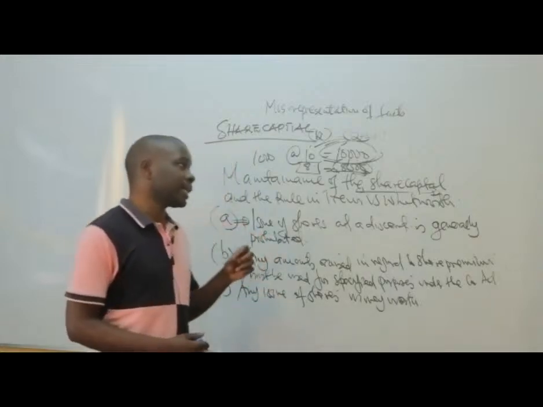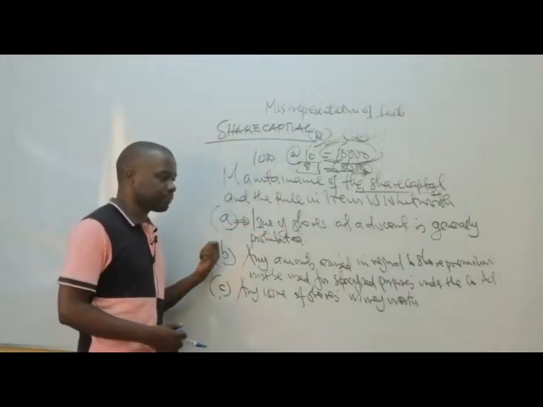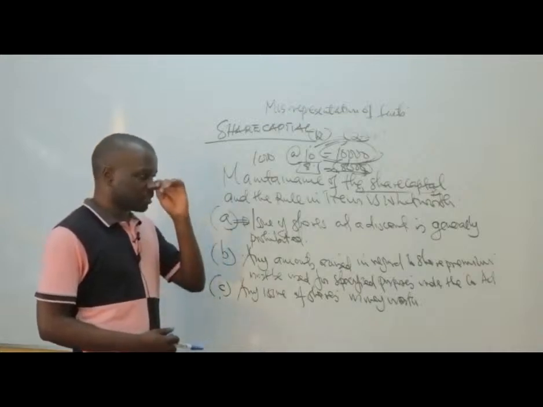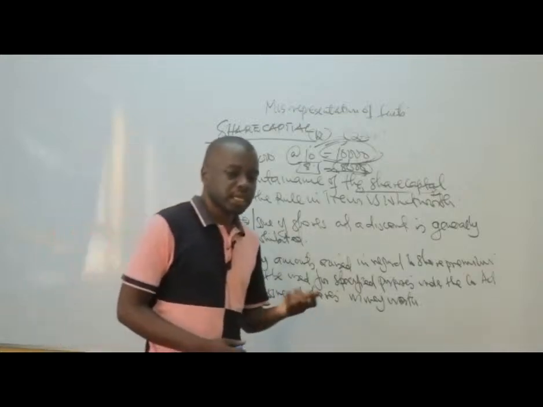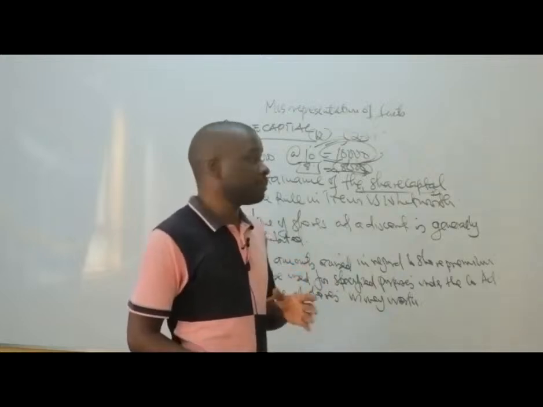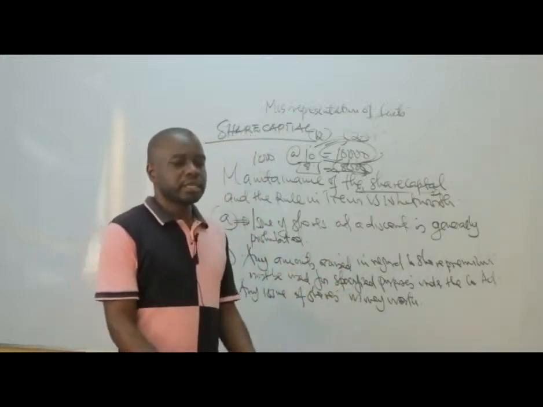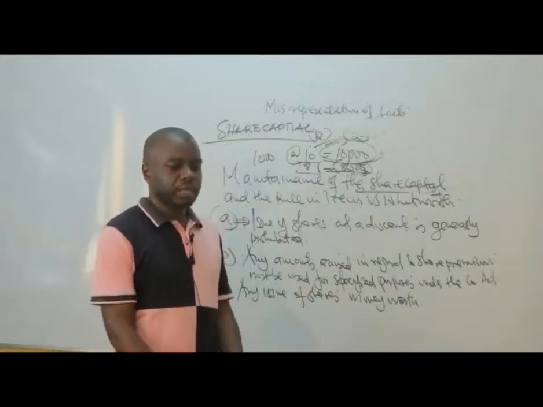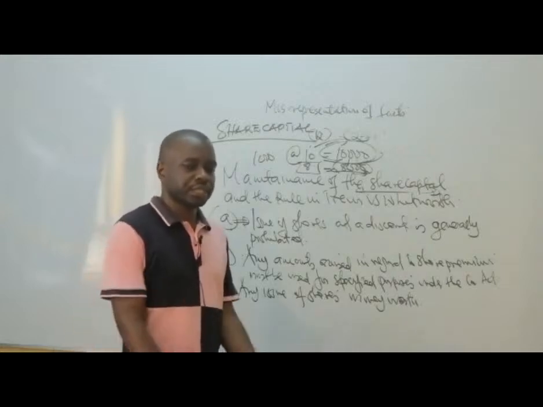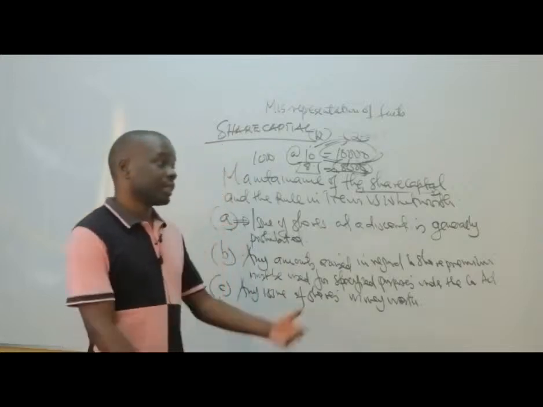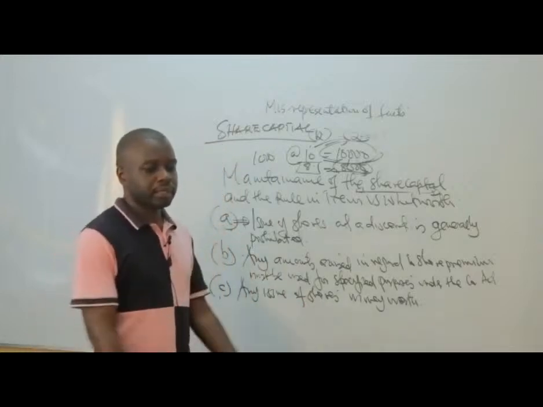And of course, a clear report should be attached as to why that particular person is being given shares as a result of that consideration, maybe someone who worked for the company or did a special assignment for the company, so he has been given those shares for having worked for the company.